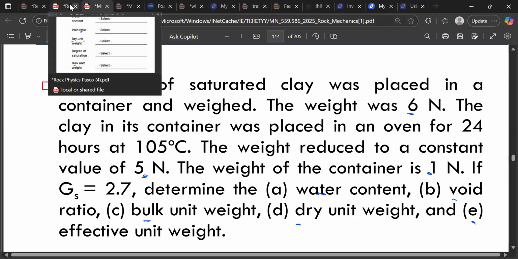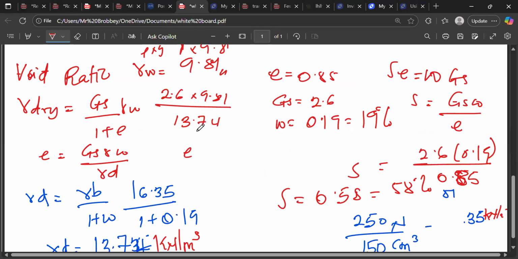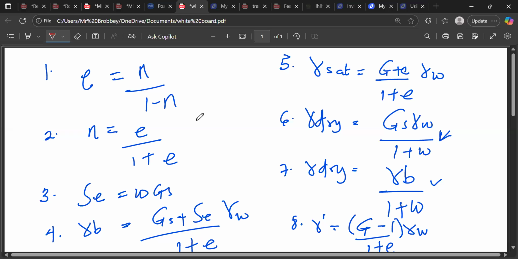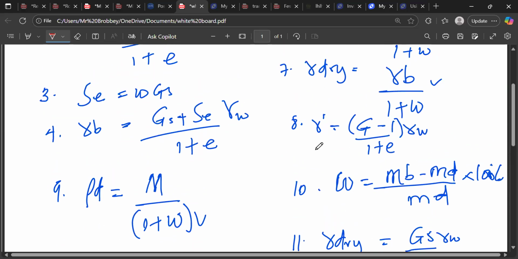So let me try and find. So here, the effective unit weight, here is the formula. Sorry, number 8, formula number 8, which is equal to GS minus 1 all over 1 plus E gamma water, right?